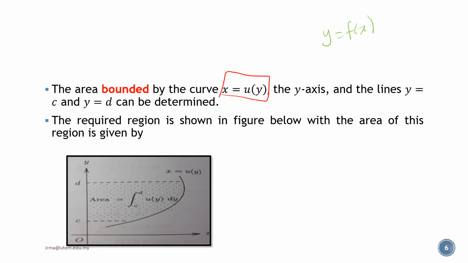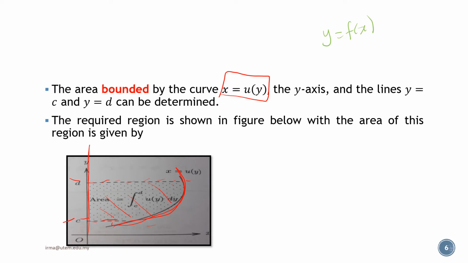Maybe this is the curve, and we have the lines y equal to c and y equal to d, and we have the y-axis. So this will be the shaded region.